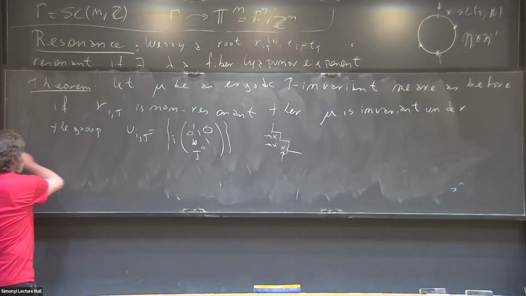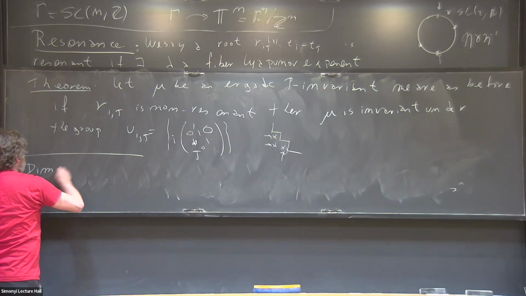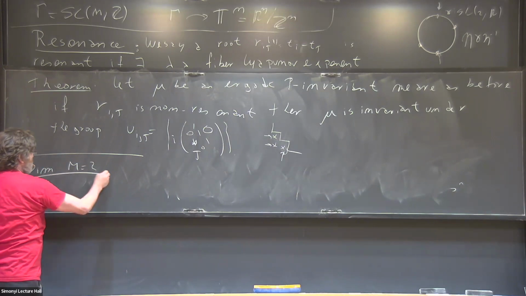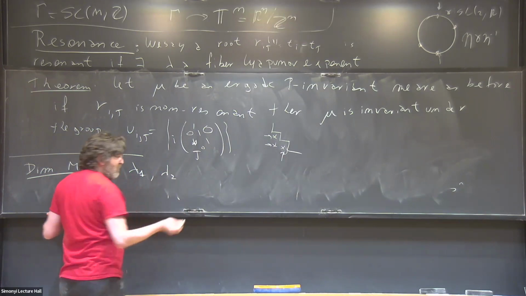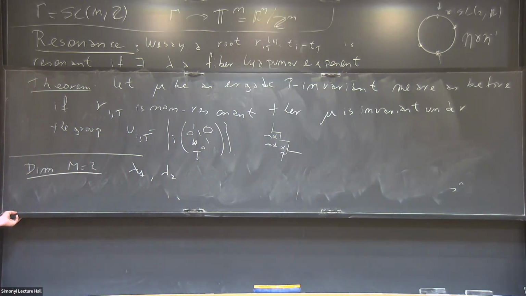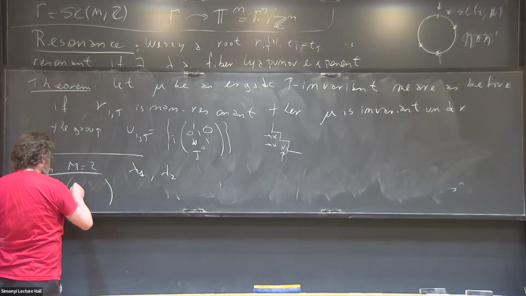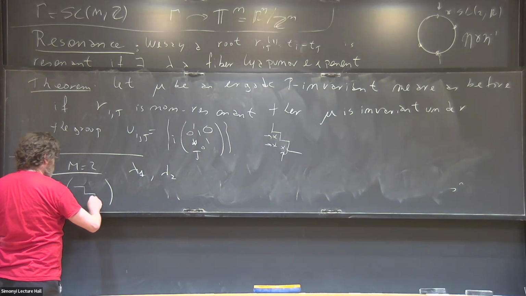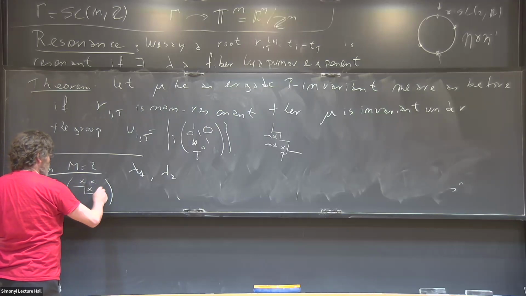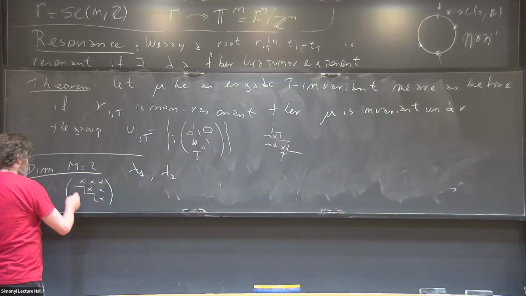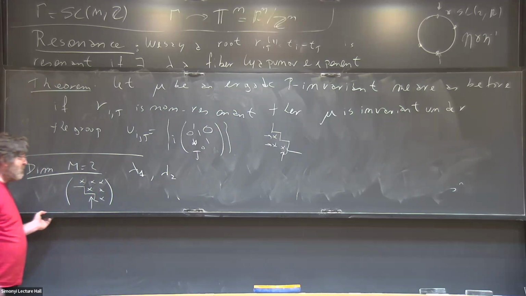Let me show you how easily you get an invariant measure now. Dimension 2. You have potentially 2 Lyapunov exponents, lambda 1 and lambda 2. You know your measure is invariant by the diagonal and by the guys above the diagonal, and now you start with this guy.